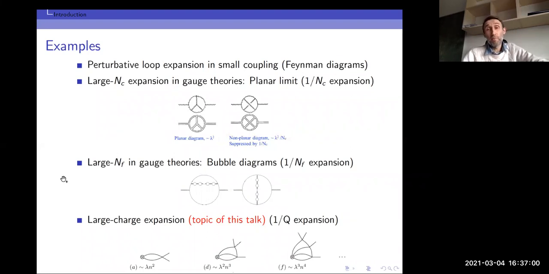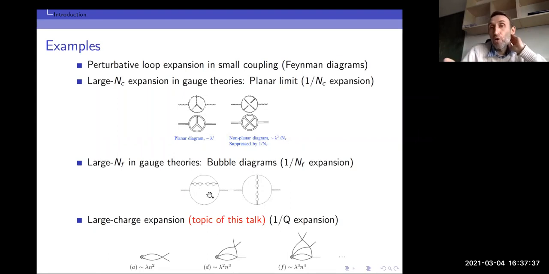In a similar spirit, you can imagine in gauge theories now taking the number of matter components, which I call N_F, to be very large. The prototypical example is a QCD-like gauge theory with a large number of quarks, for example, and this number will be N_F. In this case, the leading order in the 1 over N_F expansion now will be the so-called bubble diagrams, where the bubbles are these loops of the fermions, which now dominate everything because of the multiplicity factor N_F coming with every loop of the fermions, and this is a big number.